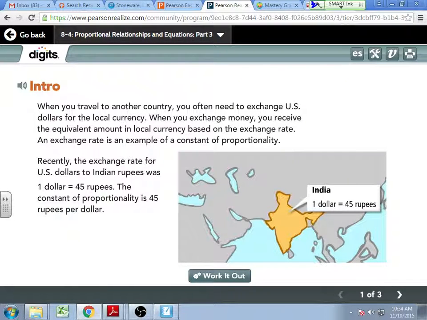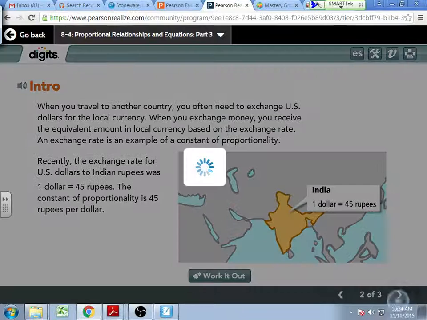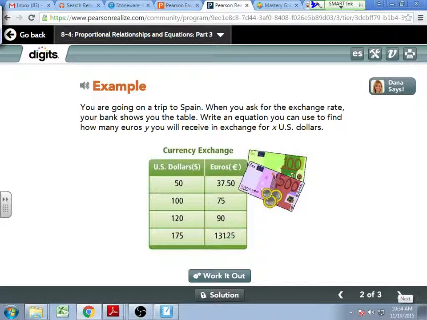So here is an example of the exchange rate. This is just an intro. If you know that you get 45 rupees for every dollar, then your constant of proportionality would be 45. It's going to be 45 rupees per dollar. Now look at Spain, and pay attention.